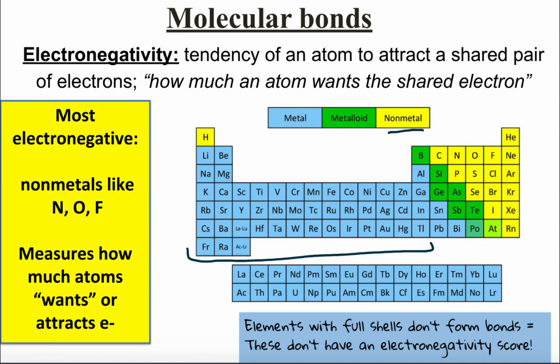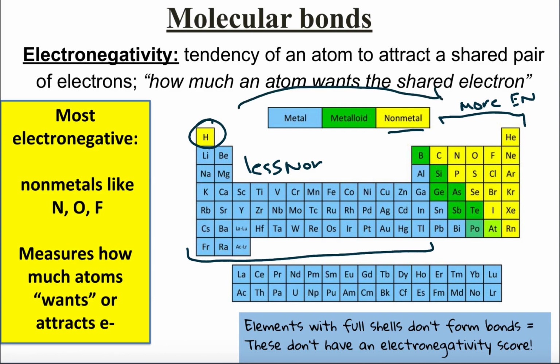So it turns out that the side that typically has the higher electronegativity is the nonmetals, and the side with less electronegativity is the metals. Hydrogen's a little weird, but even though it's only got one valence electron, it acts a lot more like a nonmetal, and that's actually due to the valence electron. So I'll explain why that is and why it's kind of an exception on the periodic table and why I argue it's definitely a nonmetal.